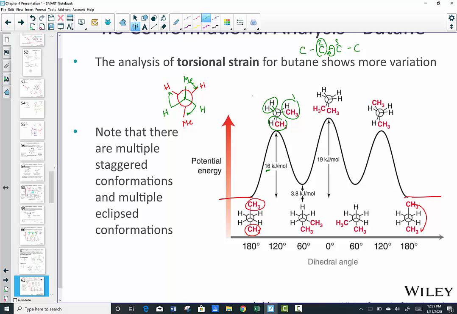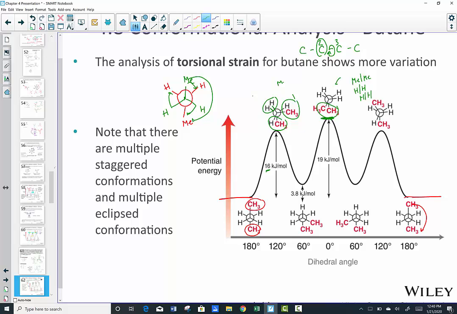What would be the least stable or the highest energy is stacking the two methyl groups on top of each other. What if I spun this methyl group all the way down to be behind the back methyl group? And that's what you're seeing here. Notice that's of highest energy. We have a methyl to methyl interaction and two hydrogens to hydrogen interactions.